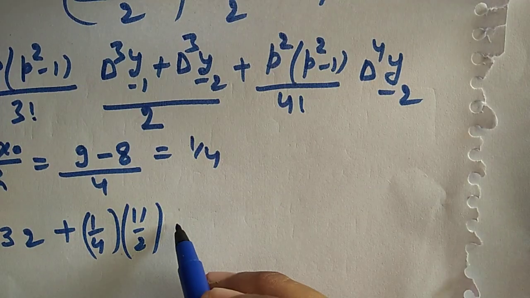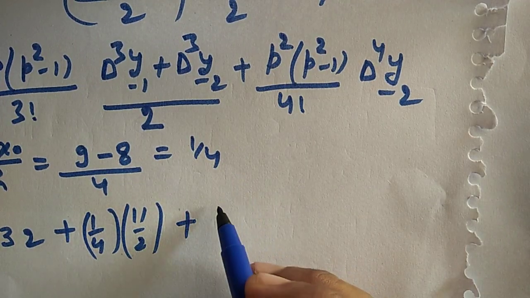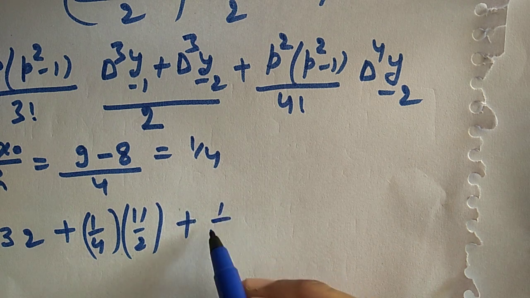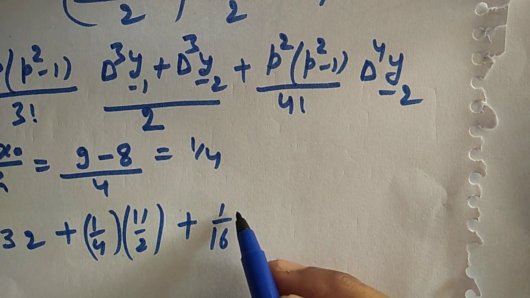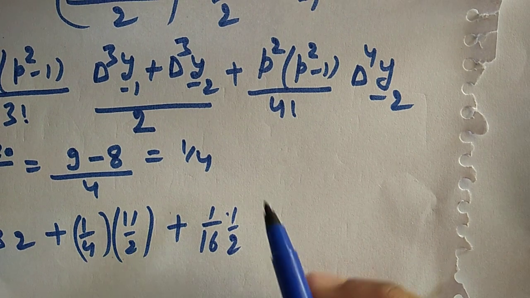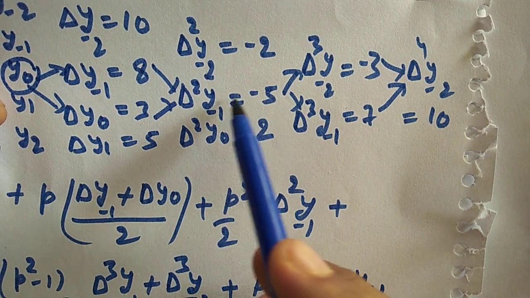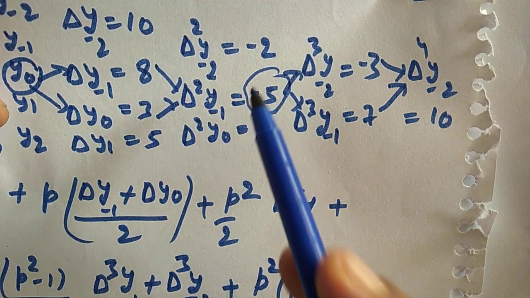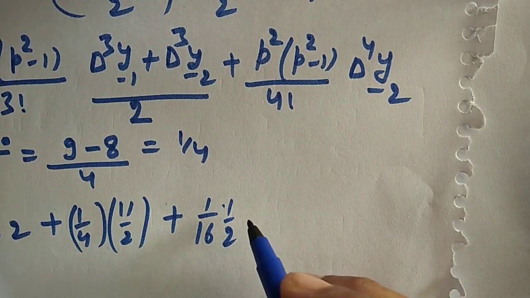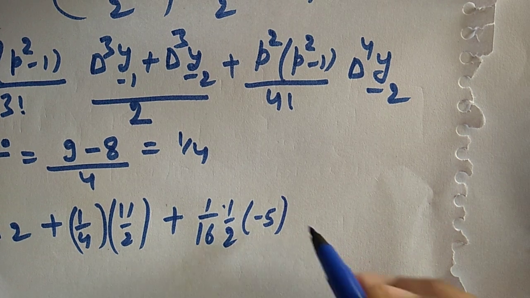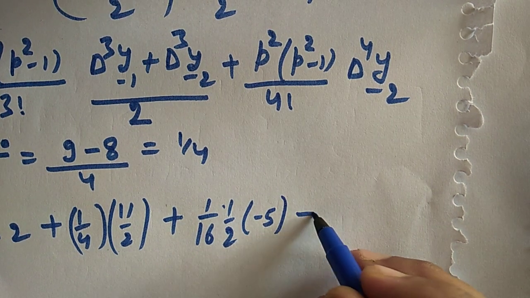Plus p square by 2, which means 1 by 16 into 1 by 2, and delta square y minus 1, which means minus 5, so I can write minus 5 here.